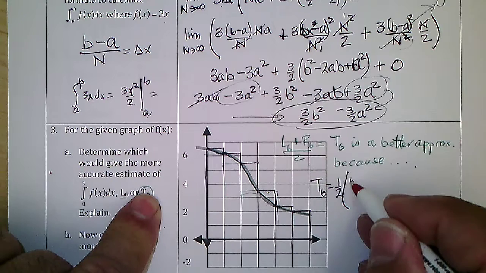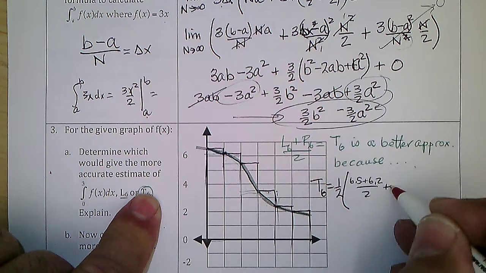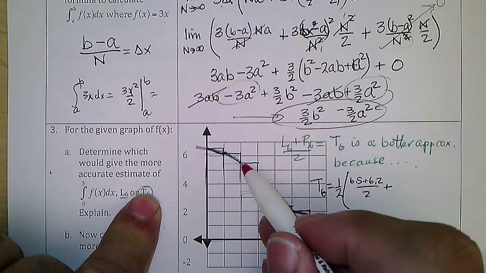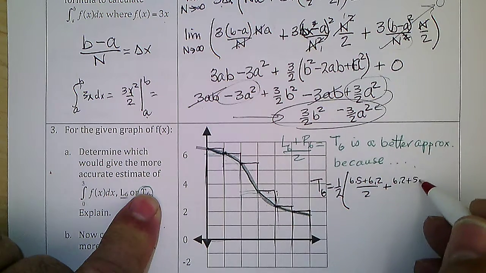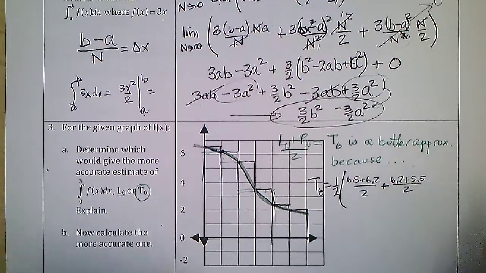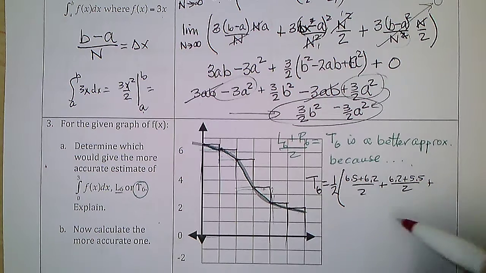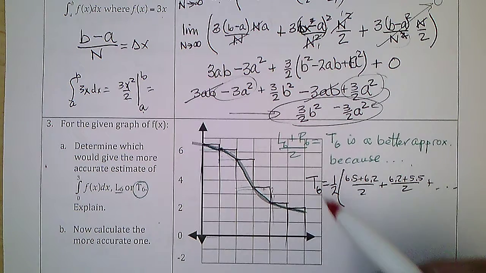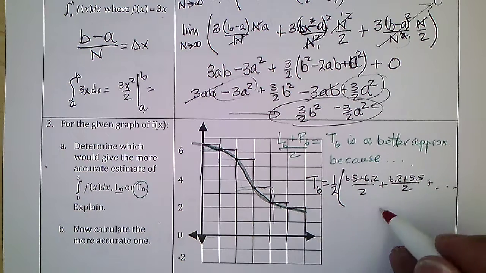So you could go 6.5 plus 6.2 over 2 plus, and the next one would be 6.2 and 5.5. And we could keep doing that, but all the way to the end, the last one would be 2 plus 1.8.